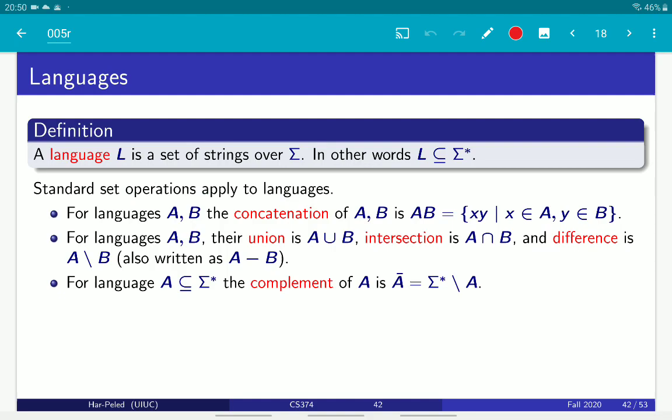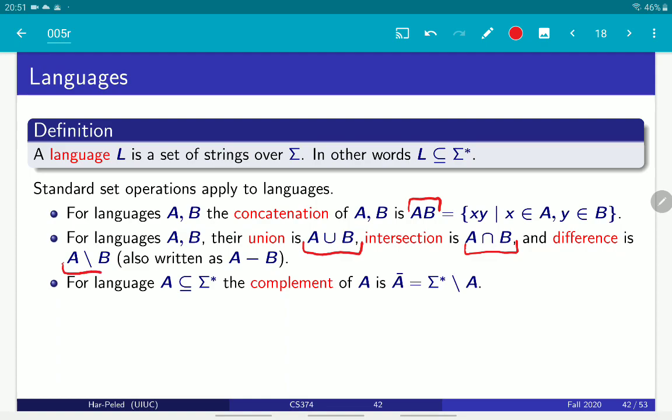So what are the standard operations we would be interested in doing on languages? Well, concatenation, taking two languages A and B and looking at all the strings that we get from concatenating two strings from them. Union, of course, just the union of sets. Intersection, the language that is all the words that appear in both languages. In both, the strings in this intersection are present in both sets.